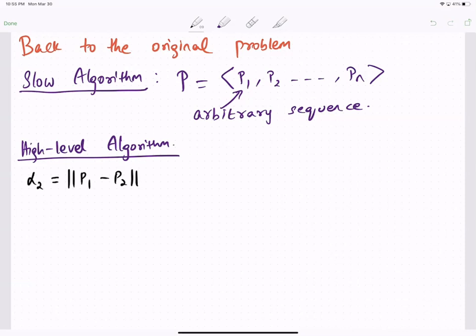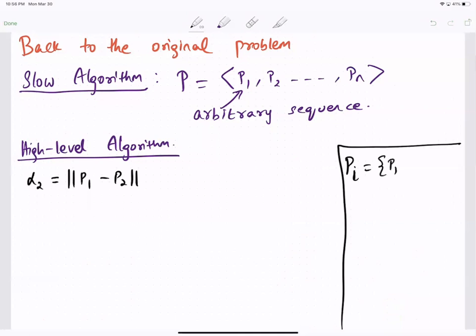Let me introduce some notation here, which will be useful going forward. Pi will be the set of the first i points in the sequence.